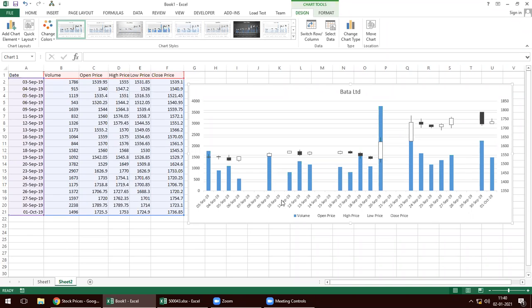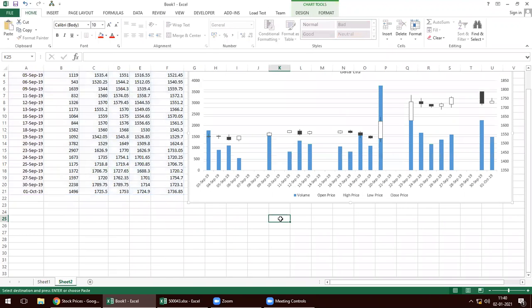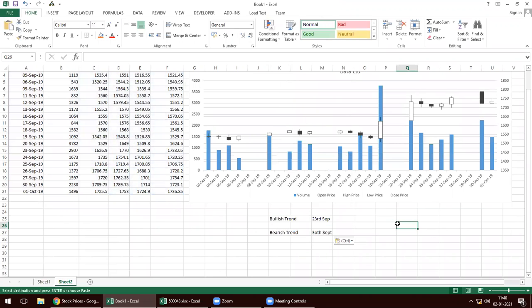Now you can see how to interpret this one. You can see the same dates, the bullish trend and bearish trend dates, and how things look. Same graph, we only added something new. On 23rd September, the bullish candle has a stand. In the bearish trend, you can see the candle with the stand, but the candle is upside down.